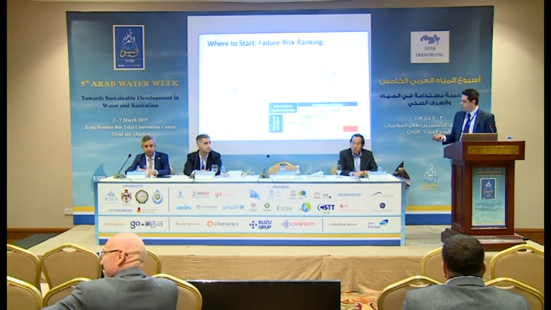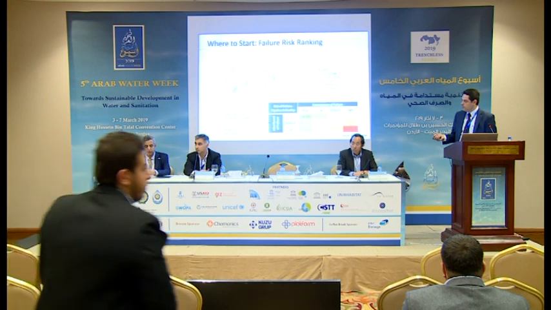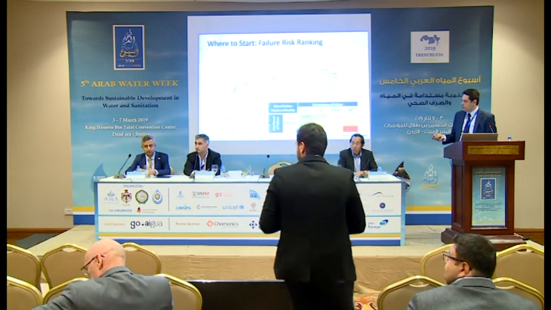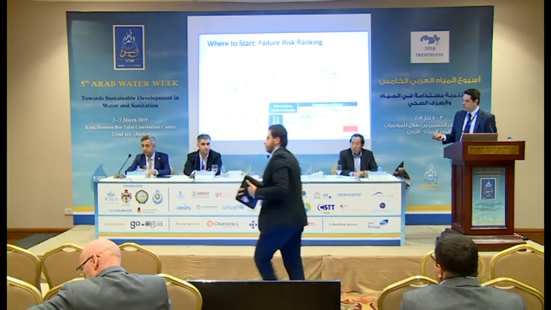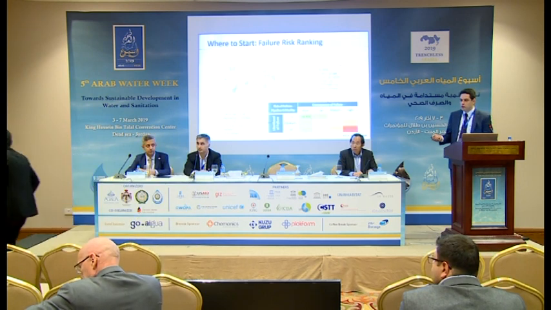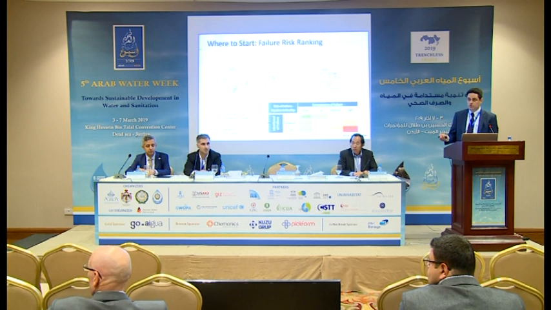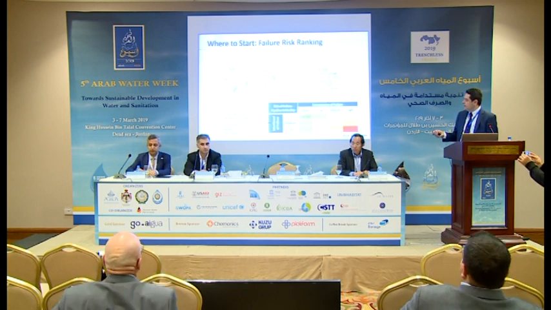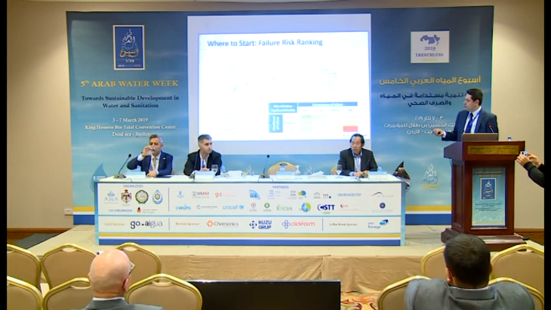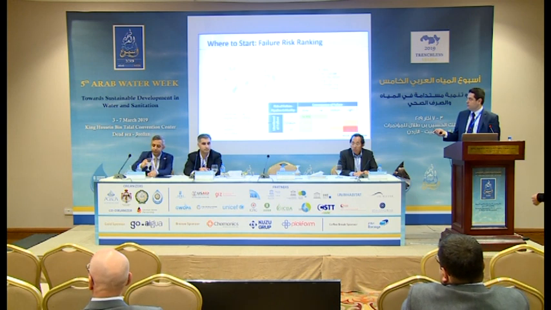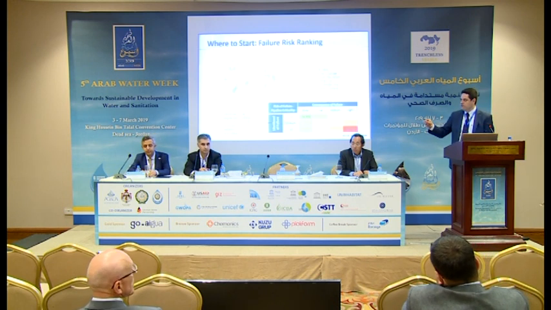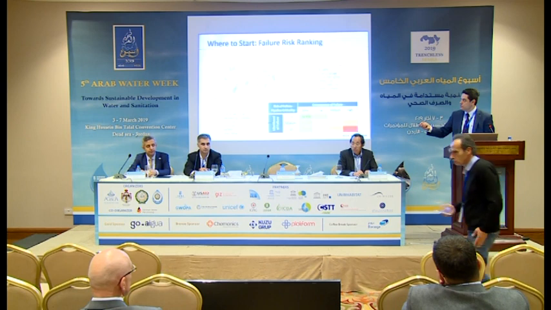And these boxes basically define the parameters that go into the determination of the likelihood of failure, ranging from pipeline age, manufacture, quality of material used, and the performance history of the pipeline. And here we have the factors that go into the consequence of failure. What happens if a particular pipe fails in this pipe versus in that pipe?